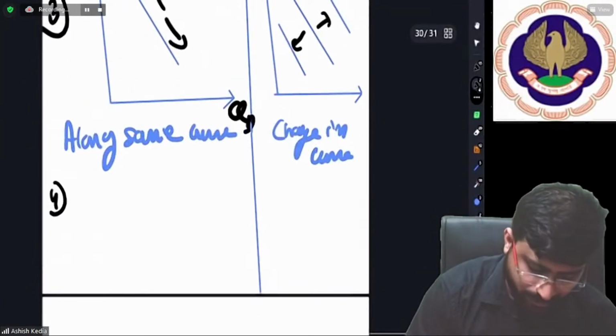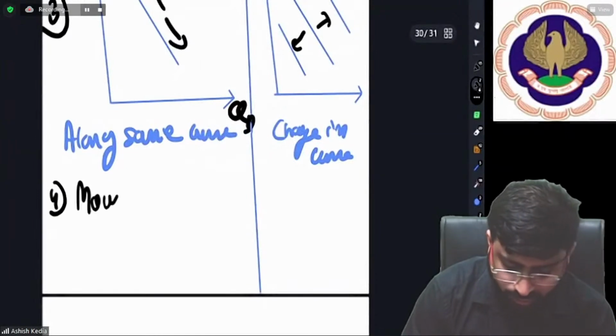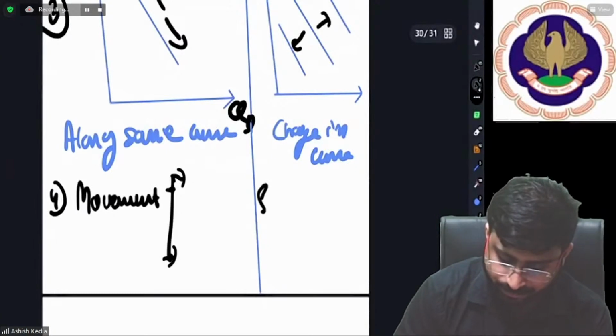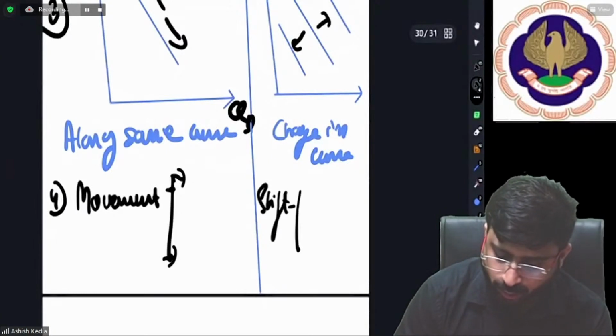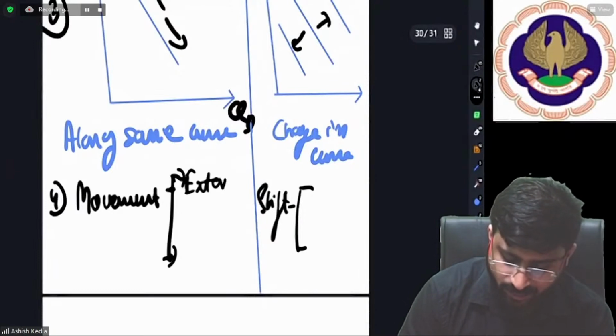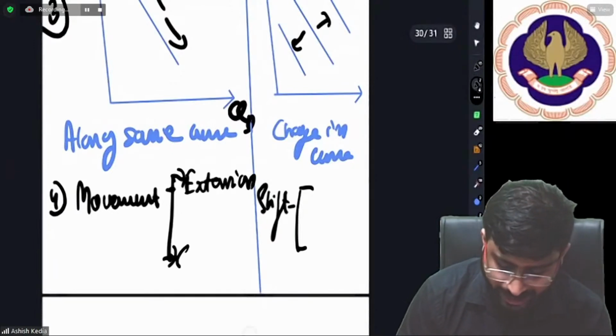Movement is of two types, lovely friends: extension and contraction.